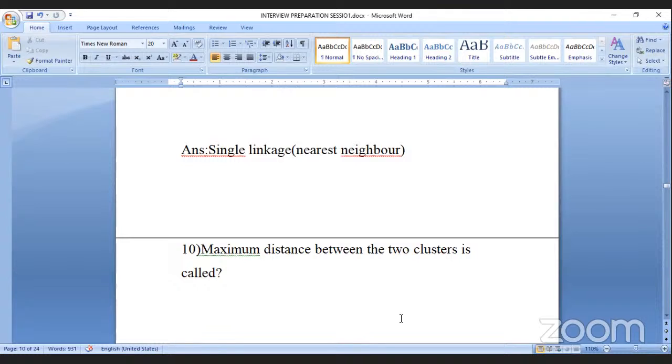Complete linkage. Okay, very good. Complete linkage. Okay, no problem. Average, centroid linkage. Very good, good try.